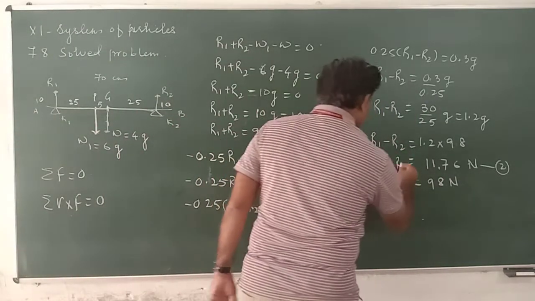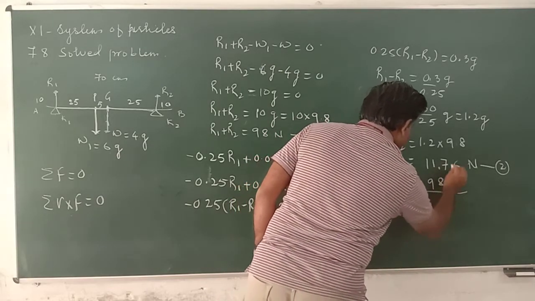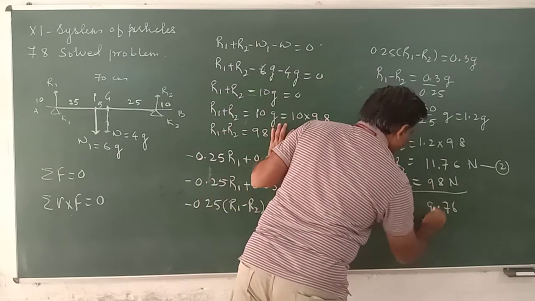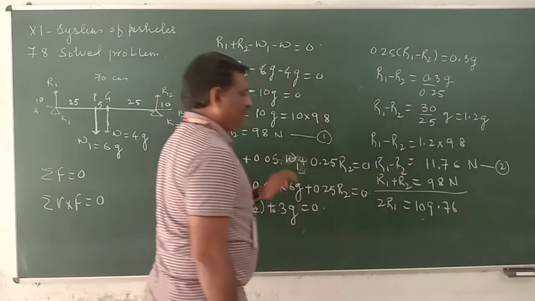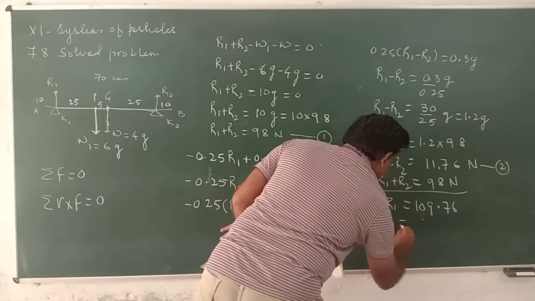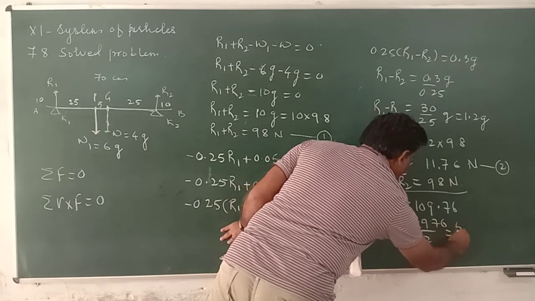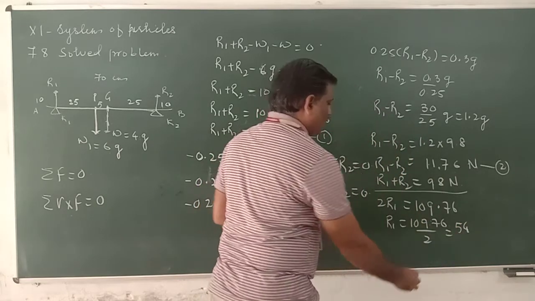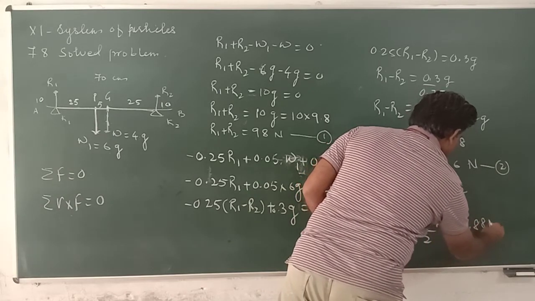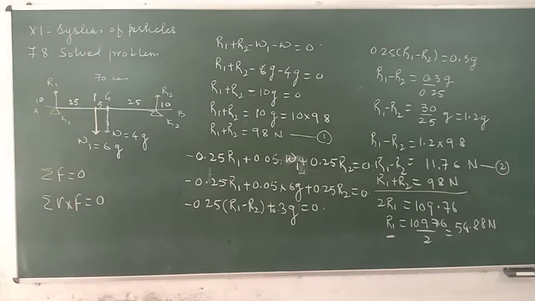When we add them, we get 2R1 equal to 109.76, so R1 is equal to 109.76 divided by 2, which is equal to 54.88 Newton. R1 is equal to 54.88 Newton.